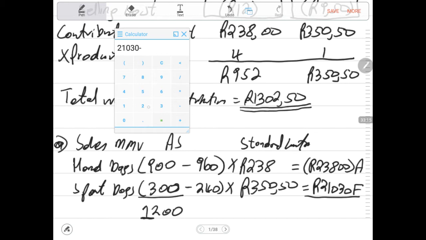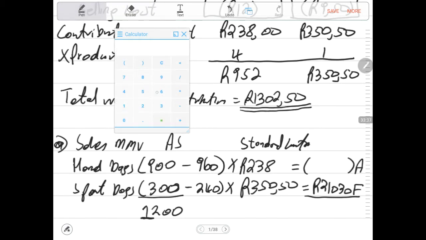Then we say minus 23,800. Then it gives us not 23,800. I just checked, the 23,800 seems not to be correct. We said 238.